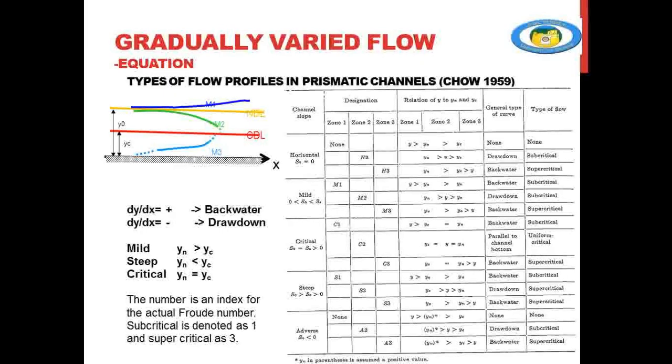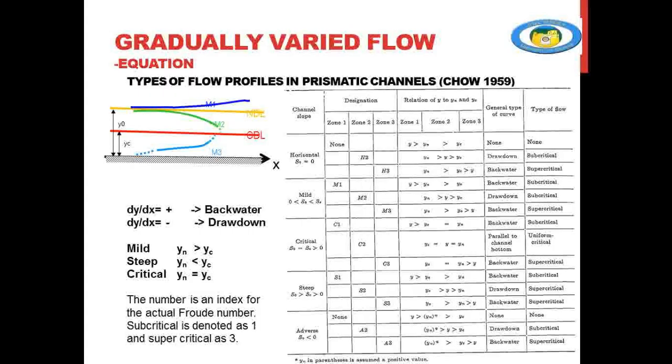Then so long as there is a positive slope, the classification of the channel slope would be either mild slope, steep slope or critical slope. If the normal depth exceeds the critical depth, then it's a mild slope. If the normal depth is less than the critical depth, then it's a steep slope. If the normal depth is equal to the critical depth, then it's a critical slope.